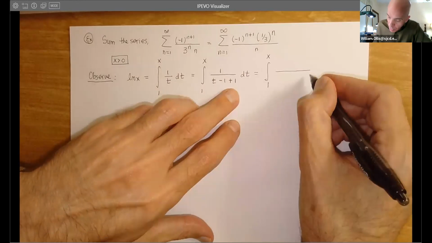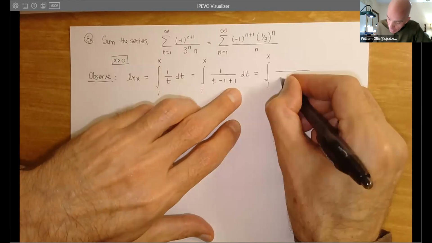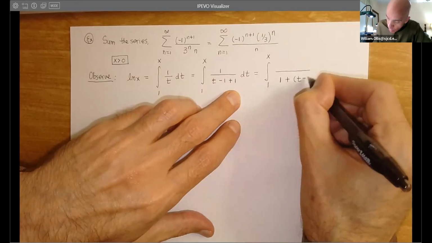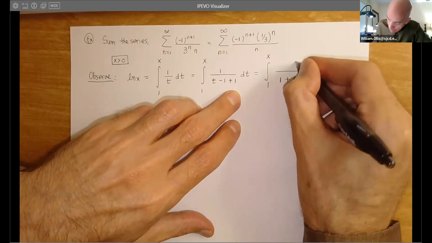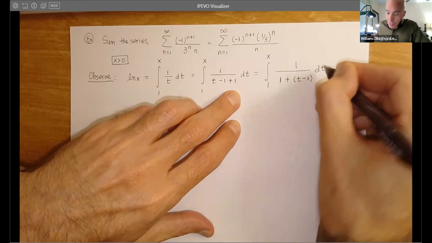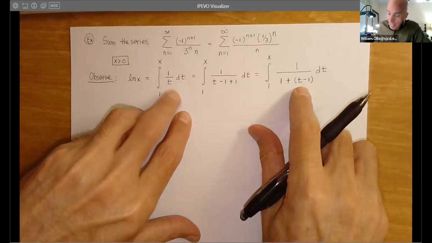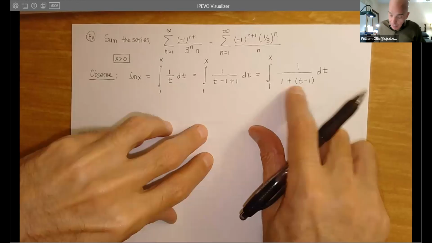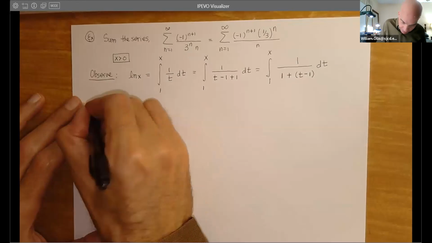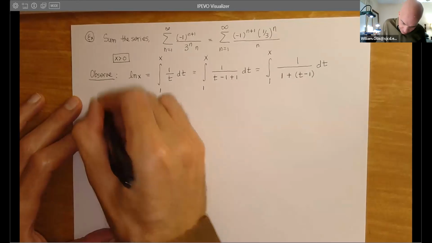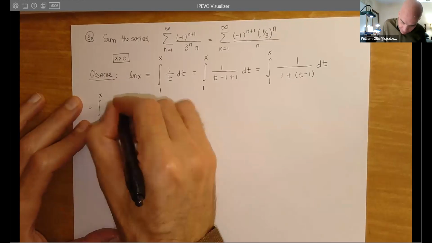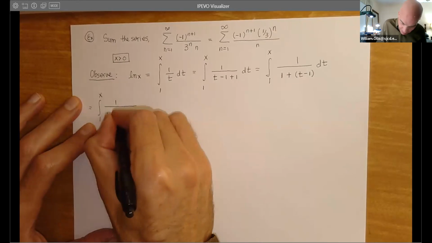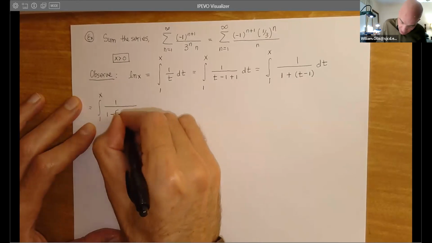Now we've got our 1 over here, and plus a t minus 1. So we moved the center around. Notice this equals t, and now we're back to what we did at the beginning. We need to put the 2 minus signs in to rig it. So we have 1, and then 1 minus negative t minus 1.